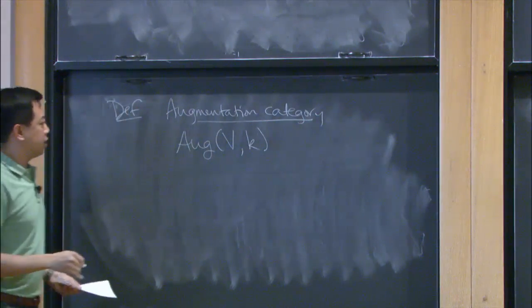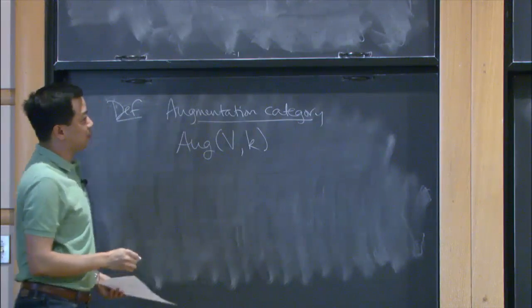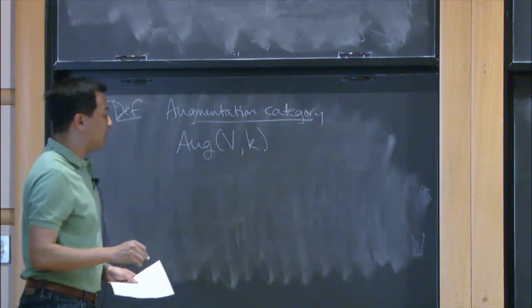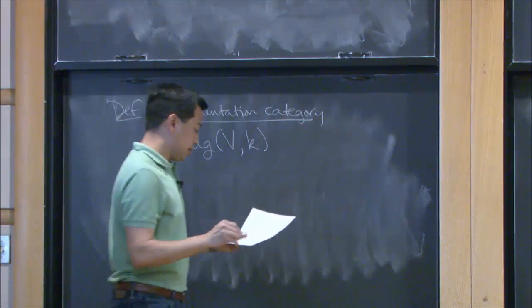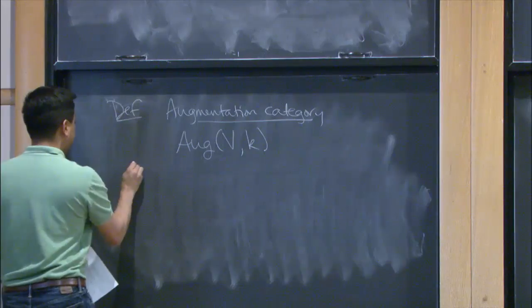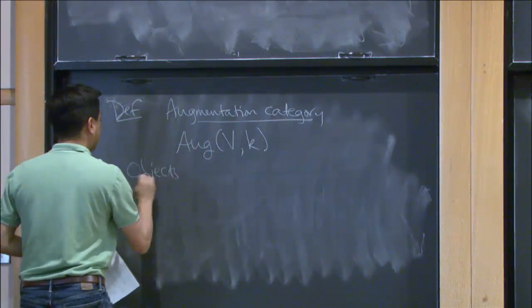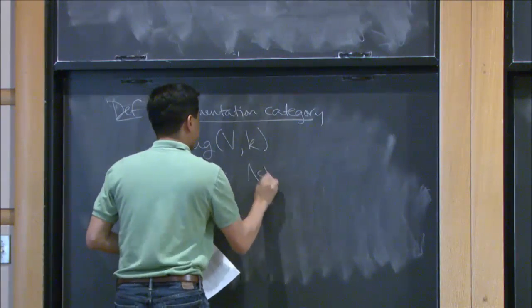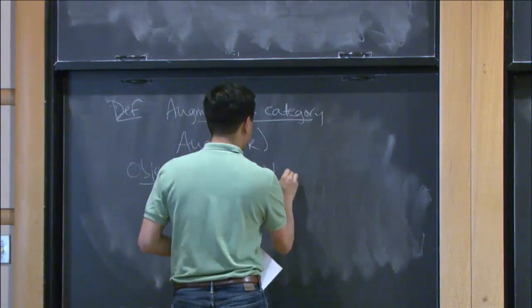So this is going to be a category that's associated to this contact manifold V, which is a one-jet space, and this coefficient field K, which I'm going to start suppressing. This is actually going to be an A-infinity category, but let's start off with the objects, which are going to be Legendrians, lambda, sitting inside of V with augmentations.